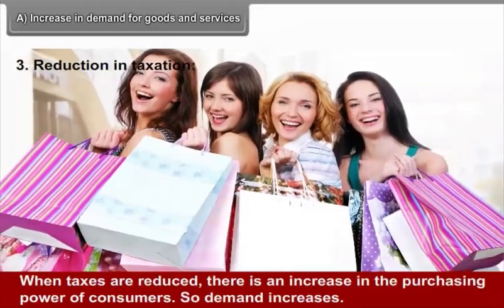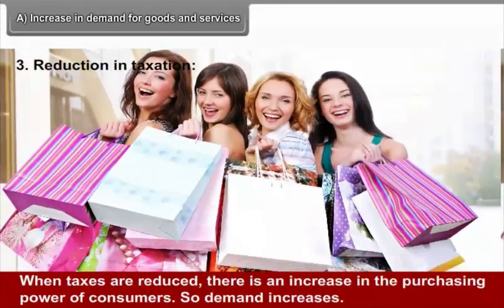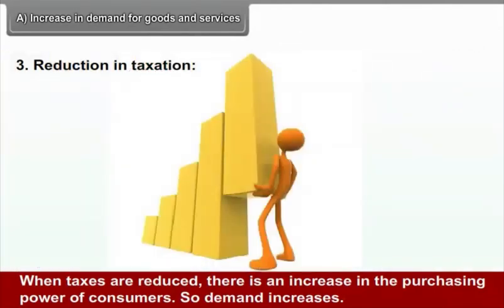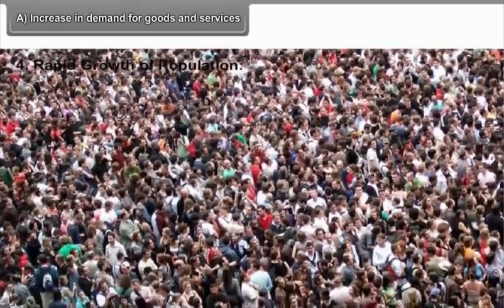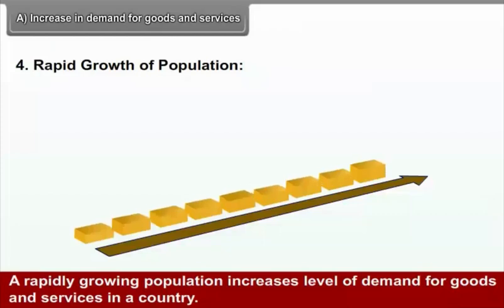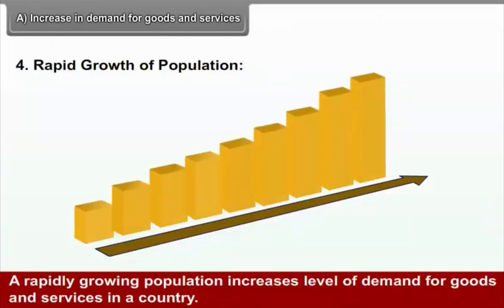When taxes are reduced, there is an increase in the purchasing power of consumers, so demand increases. 4. Rapid growth of population. A rapidly growing population increases level of demand for goods and services in a country.